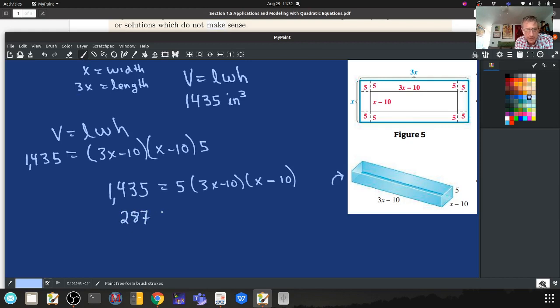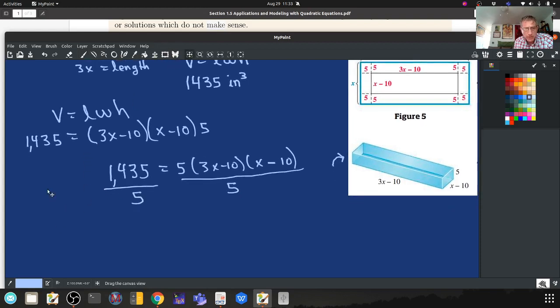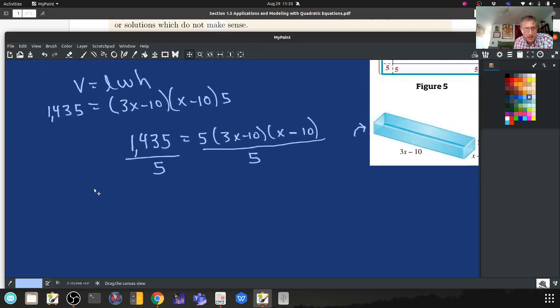Now you have 287 is equal to 3x minus 10 times x minus 10. So let me just show you again what I'm doing. I'm dividing both sides by 5. The reason I went back and did this is because I'm talking about a lot of things and a lot of stuff is going on right now. So I want to make sure you just understand the algebra.